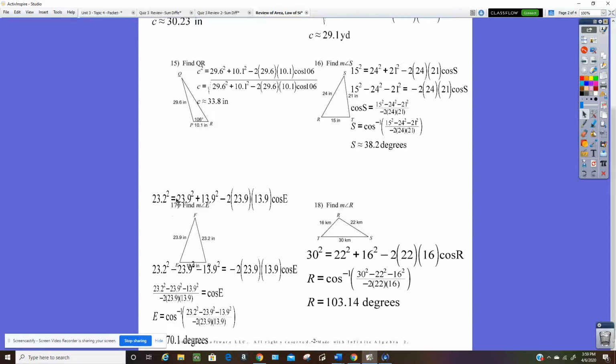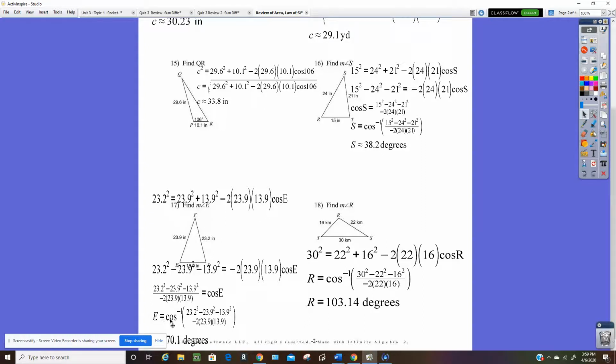So I'm trying to find angle E. That's this angle. So 23.2 is side C, and the other two sides are A and B. So here I plugged in the equation. You could skip down to here.